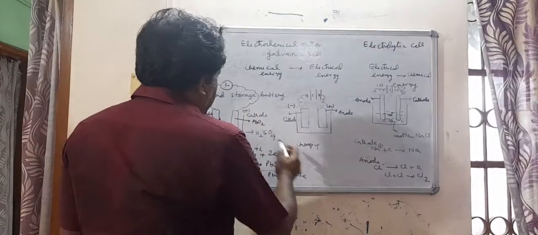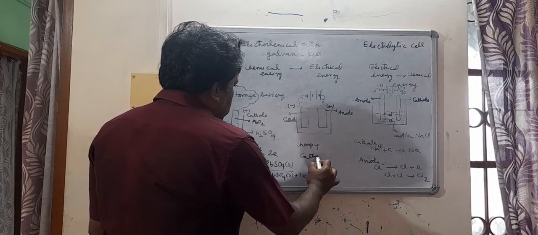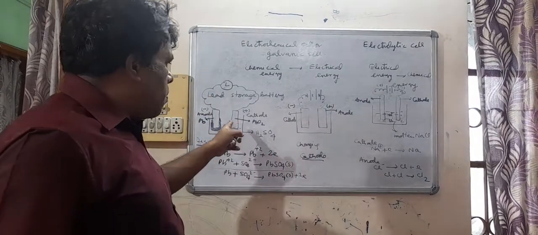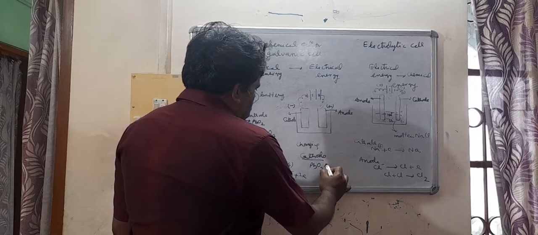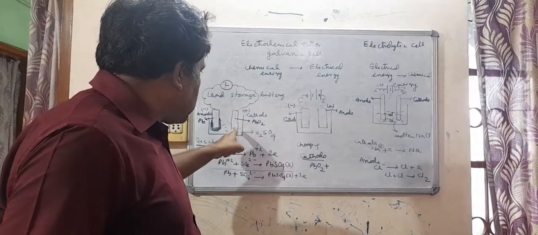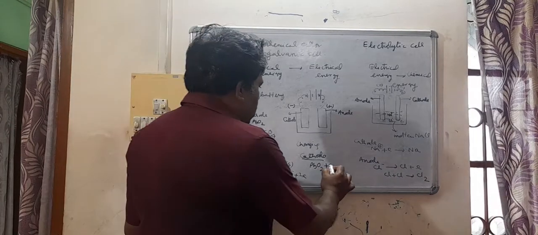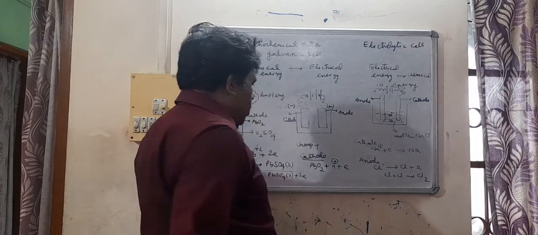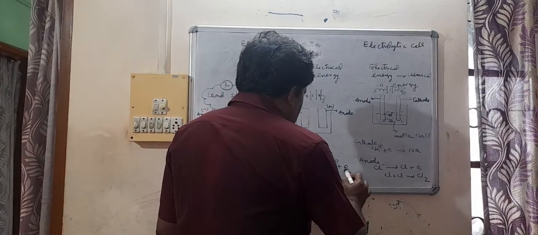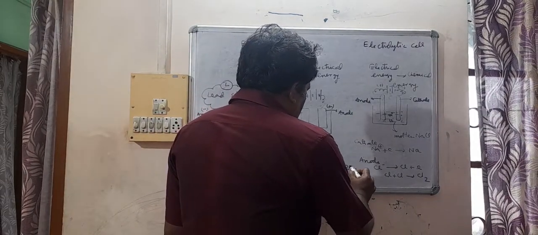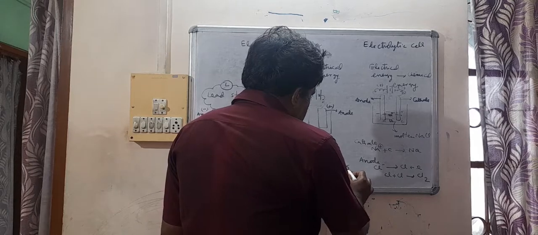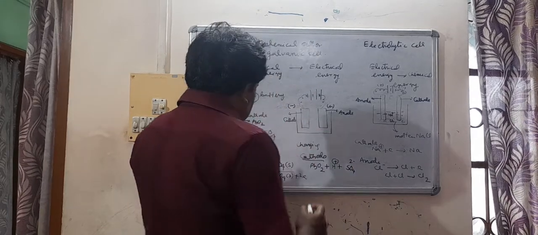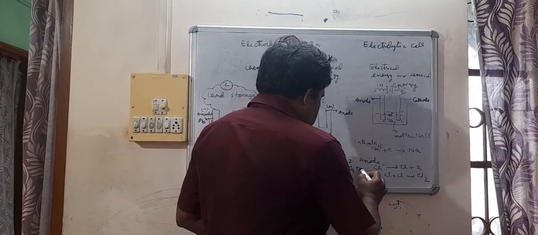Okay, now what happens at the cathode? At the cathode, this PbO2, in presence of hydrogen ion, a lot of hydrogen ion in the solution, and in presence of electron, and also sulfate ion is there in the solution, and plus electron.